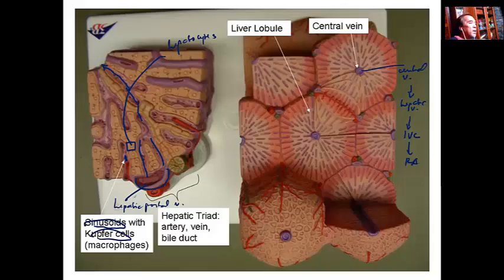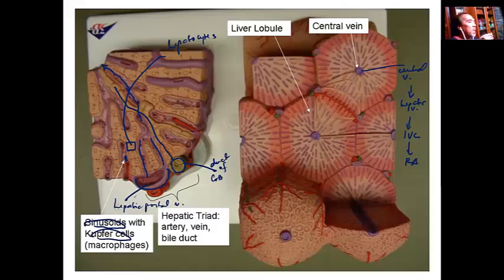And whatever is dumped as waste by the hepatocytes will go to this channel that is connecting to the gallbladder. That is going to be the duct of the gallbladder.